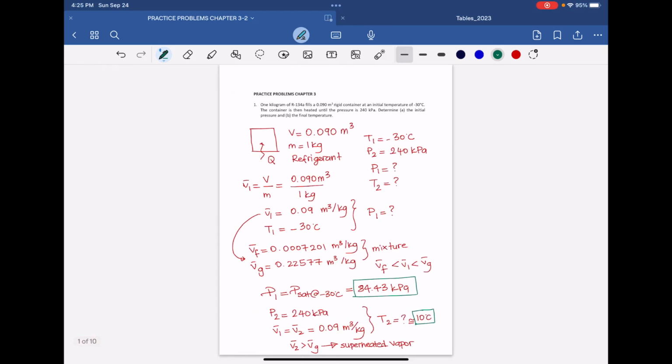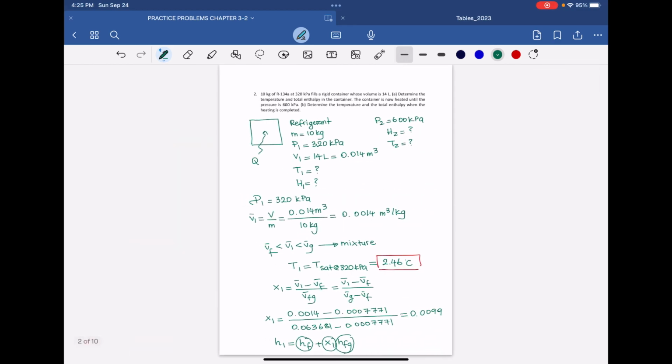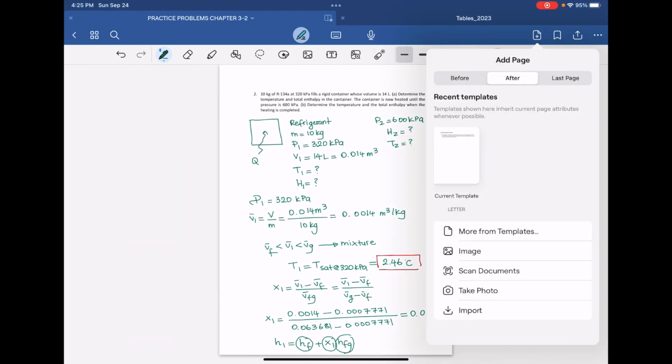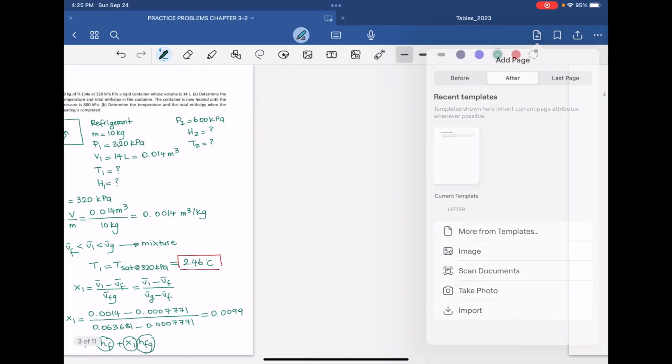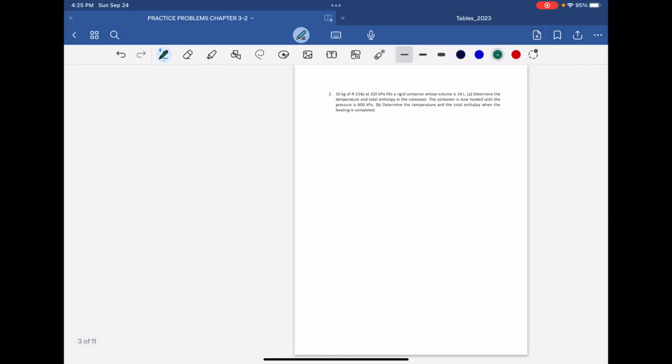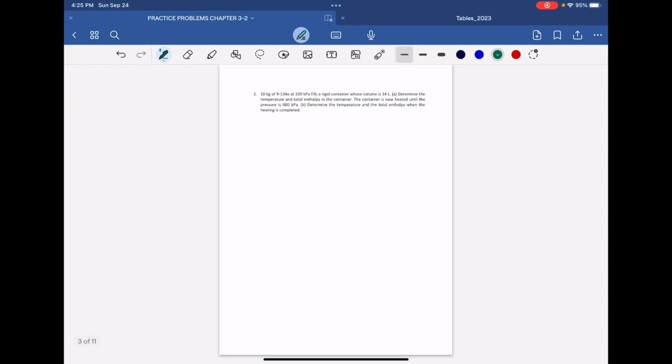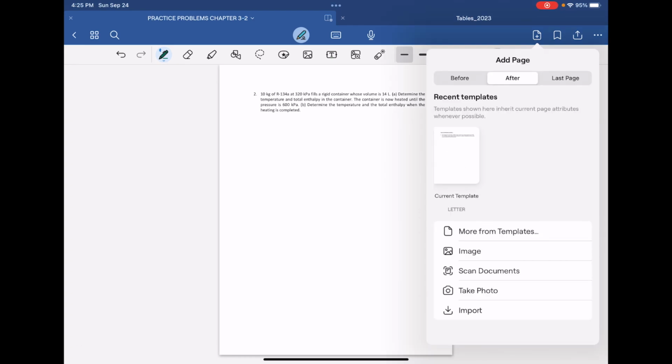So let me open a new page here, okay? So it says, okay, add a page. I couldn't figure this out.